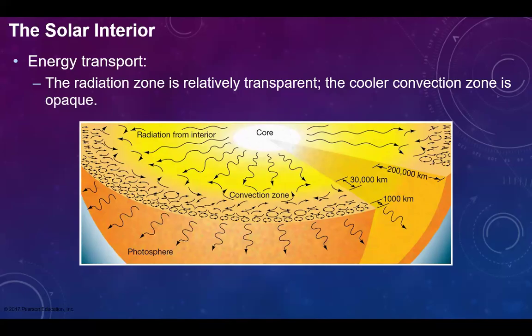The radiation zone is relatively transparent, so you get more transfer of energy. Radiation can travel further, and you get that random walk, while the cooler convection zone is more opaque. How we know there's a radiation zone and a convection zone is what happens to the transparency depending on temperature.